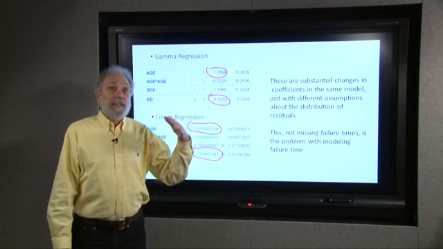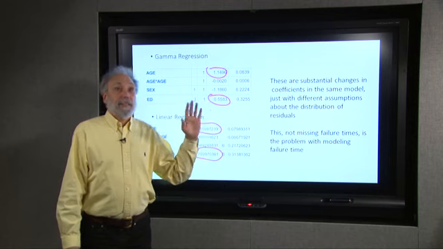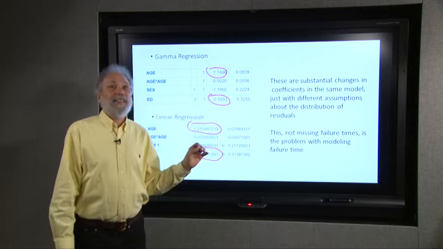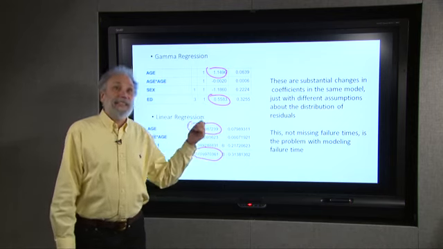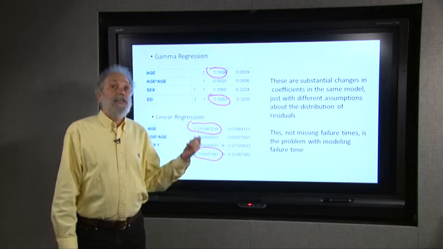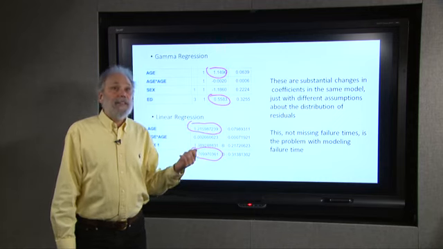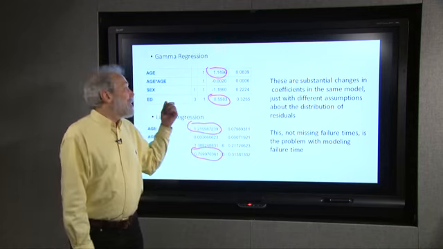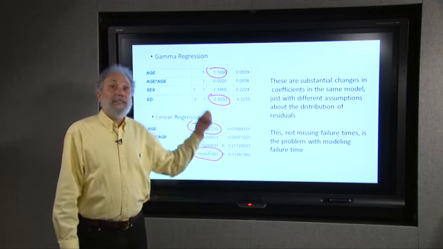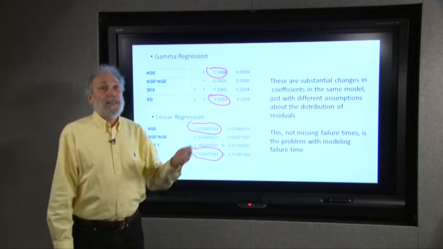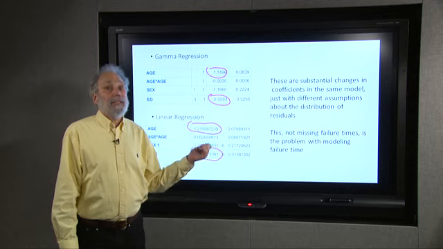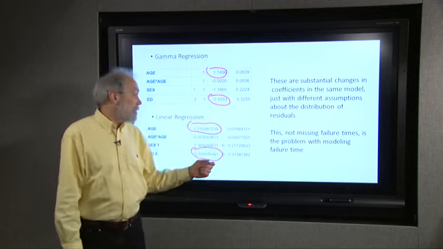But the main reason, if you don't want to do those fancy things, and we won't get into that in this course, for fitting Cox's model is that the results are kind of sensitive to the assumptions that you make about the distribution of the data.